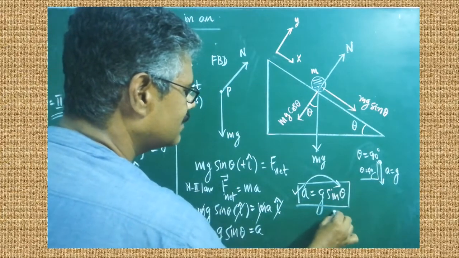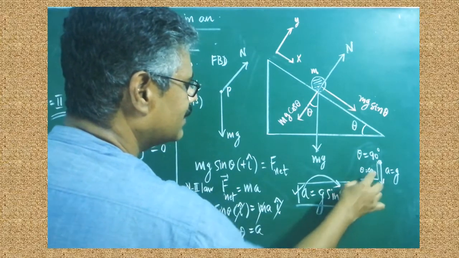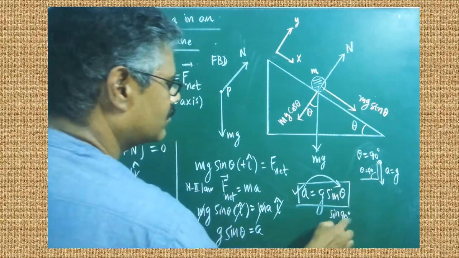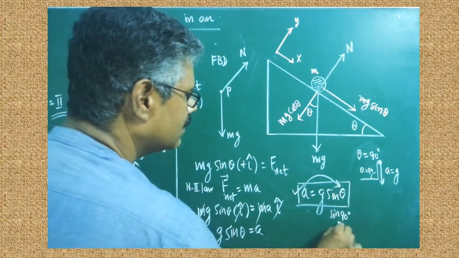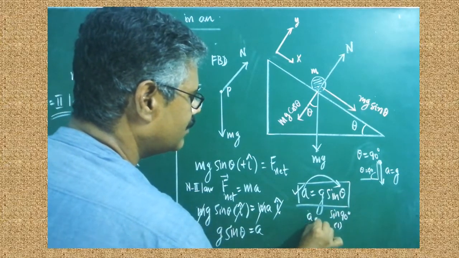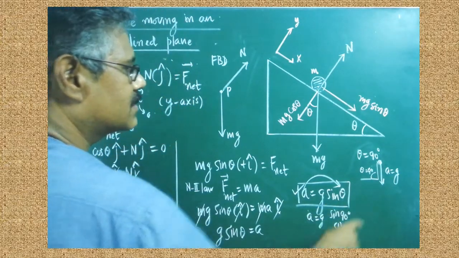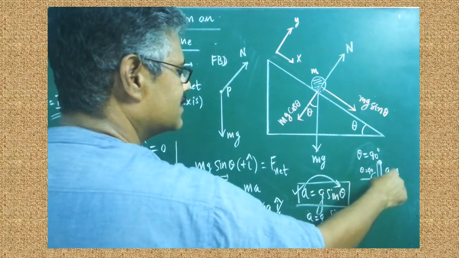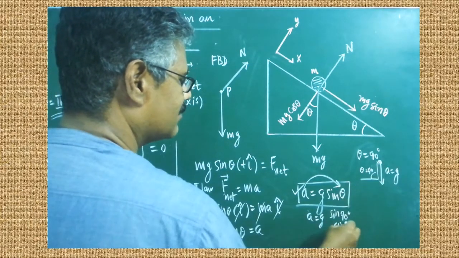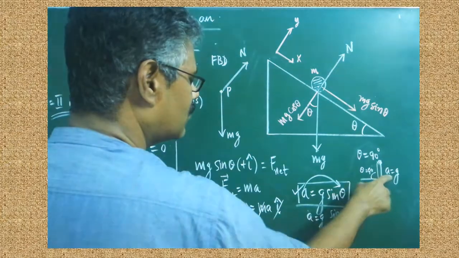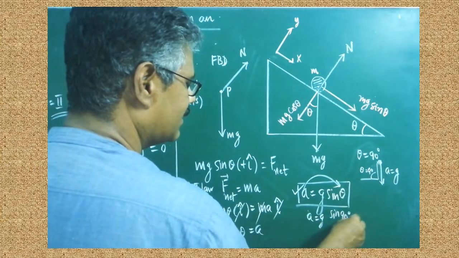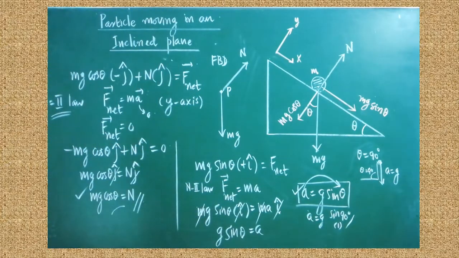Substitute here: if the angle of inclination is 90, sin 90 is equal to 1. Therefore if the factor becomes 1, a becomes equal to g. So it is clear, the acceleration is purely because of gravitational force. Maximum gravitational force will be acting here. Okay, so the expression for acceleration is calculated.